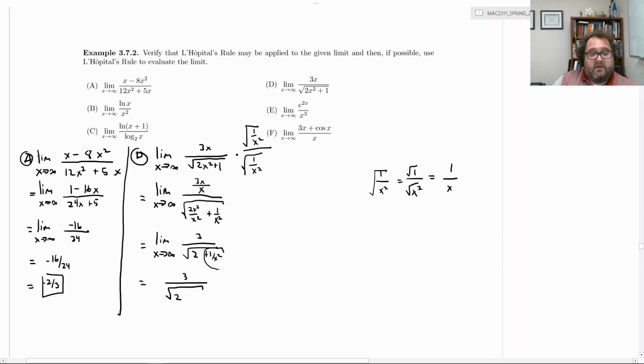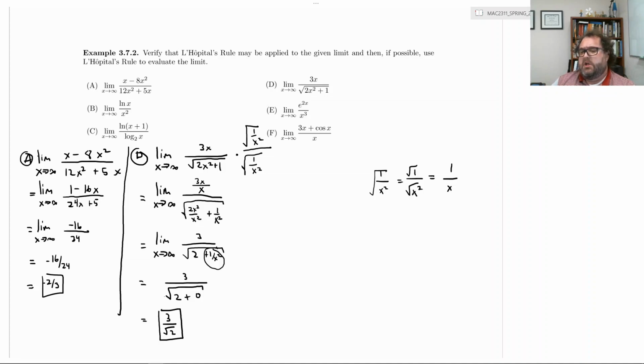And the limit of the other function: the numerator of that quotient is constant and the denominator is growing, so it has to be equal to 0. So what we get is 3 over the square root of 2. And that is how we would solve that limit using chapter 1 techniques. And again, L'Hopital's rule doesn't work.